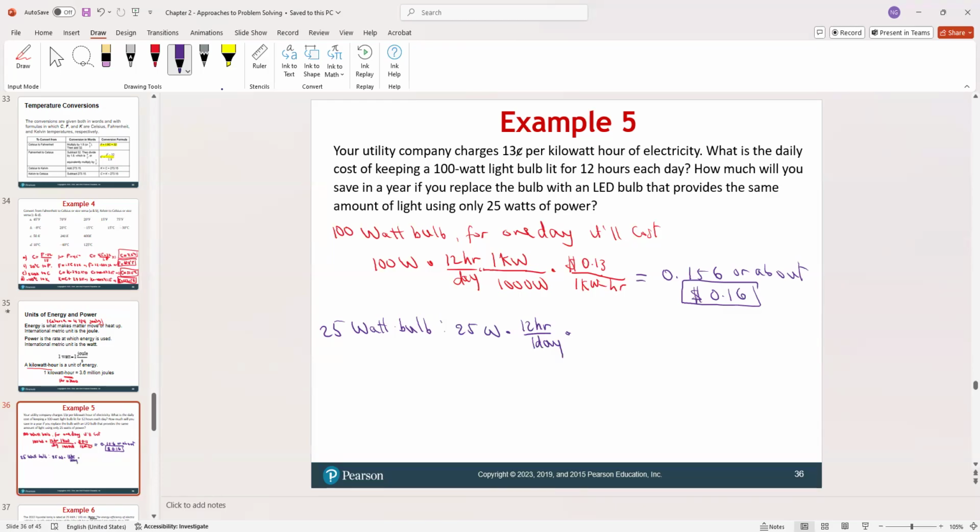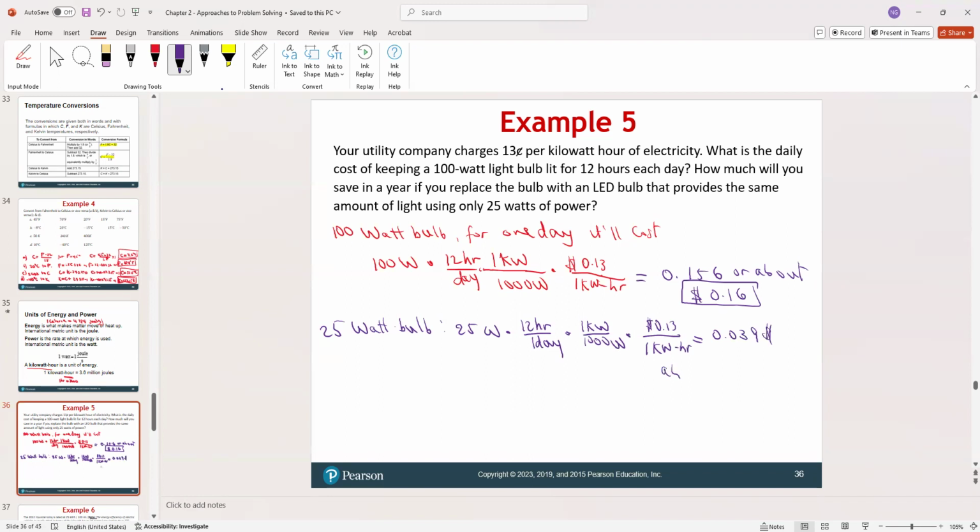And what is the cost again? Because we're going to do 1 kilowatt is 1000 watt, and that costs us 13 cents per 1 kilowatt hour.